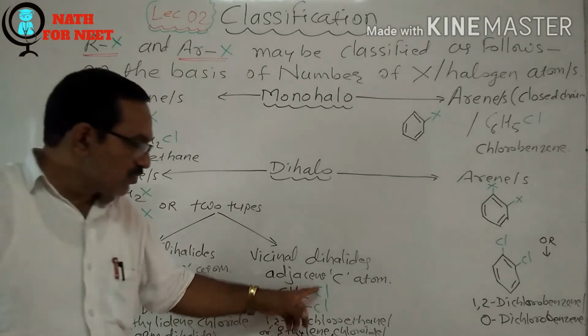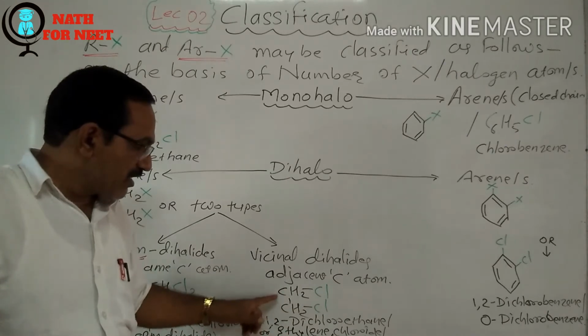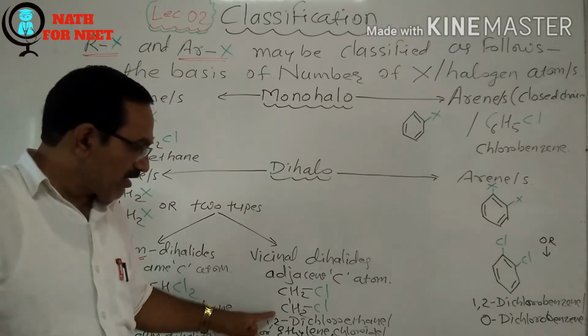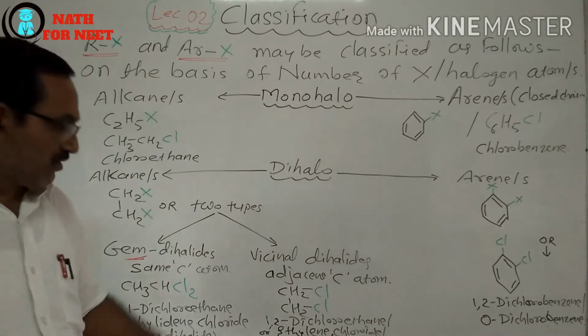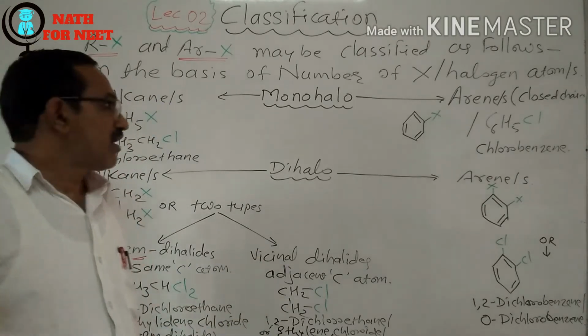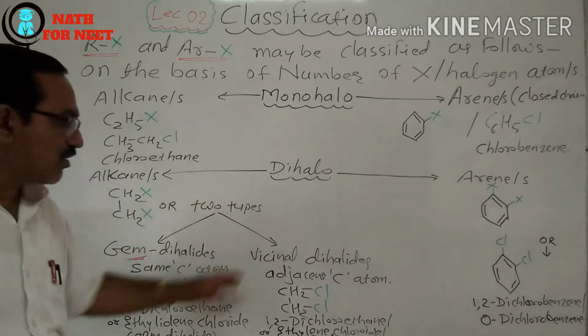And whenever the two halogen atoms occupy positions separately on neighboring, adjacent carbon atoms, you call them vicinal dihalides. So in this way, these are the dihaloalkanes.